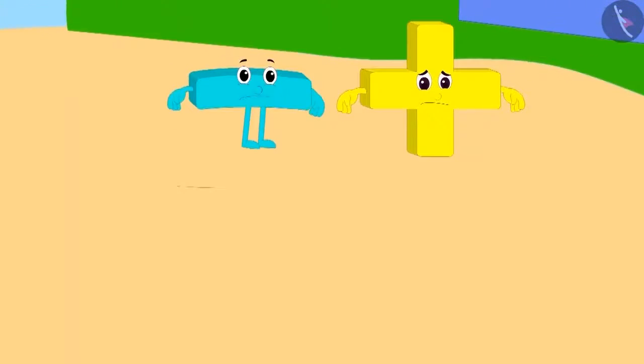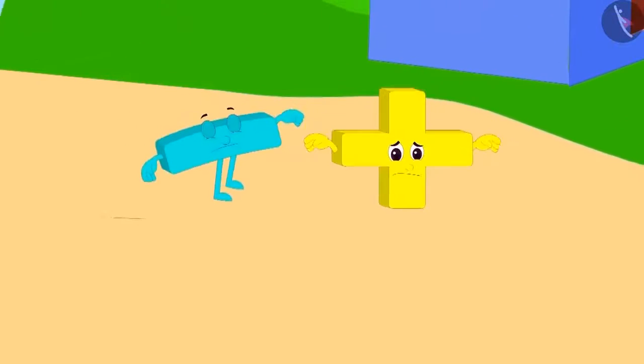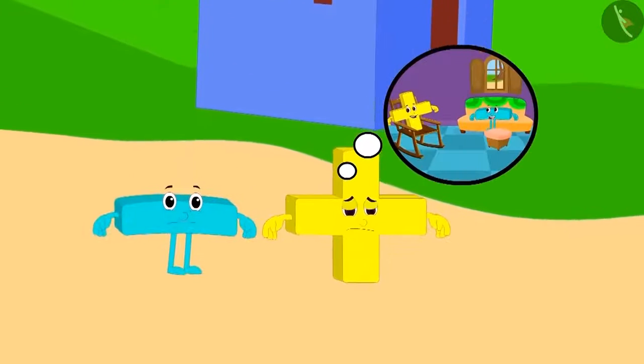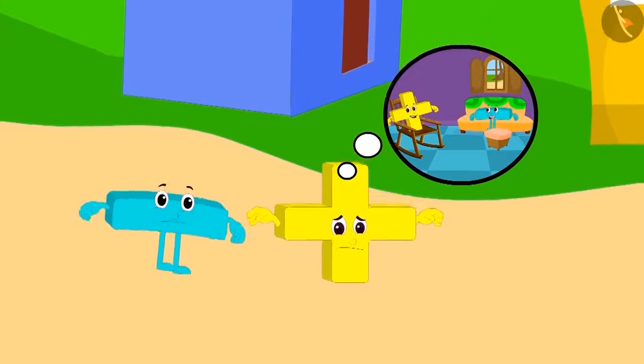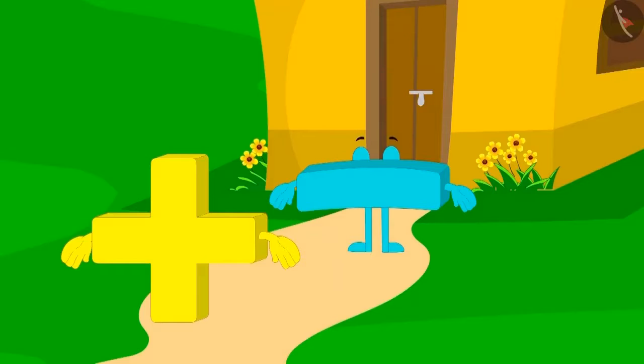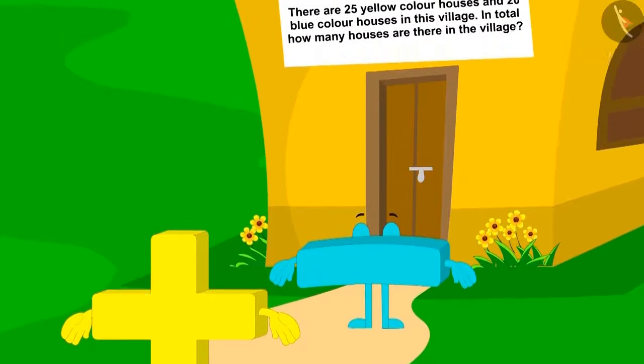Addition and subtraction are tired after roaming in the hot, burning sun. They think that they should go to one of the houses and take some rest. They are standing in front of a house, but the door of the house is closed. This puzzle is written on the roof of the house.